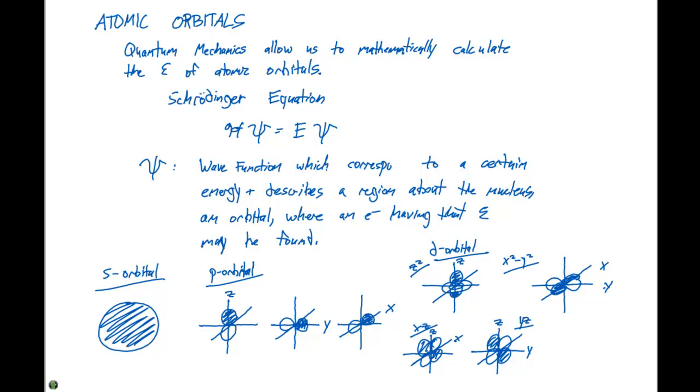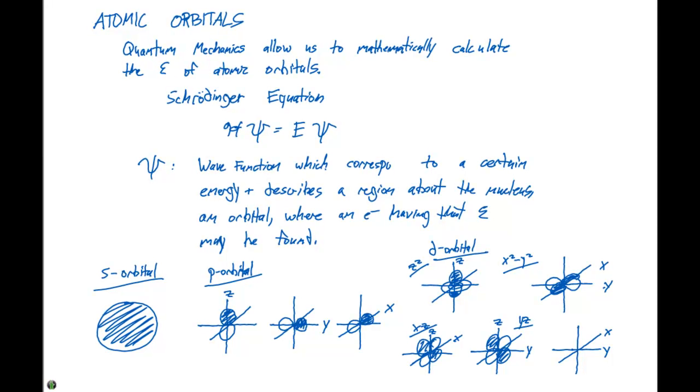Then finally, we have the dxy orbital, which is going to fall directly along each of the quadrants in the xy plane. So each of these orbitals, the dxy, dxz, and dyz, are exactly the same shape, except they're also rotated 90 degrees in 3-dimensional space.